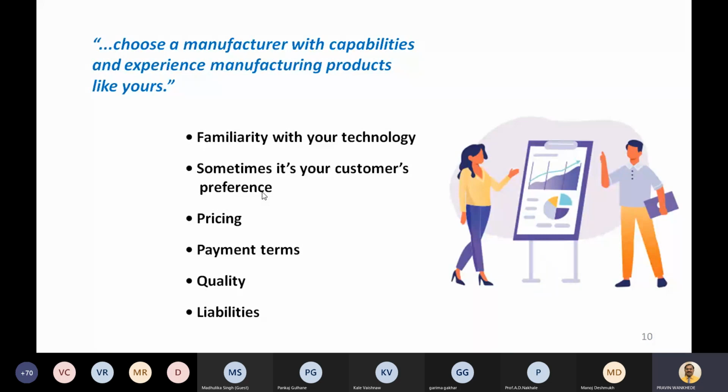And the final point is liabilities. What actually are liabilities? Liabilities are very important. We know that as soon as our product leaves the factory, whose liability will it be if something happens to a human body or some damage happens to a customer due to a product manufactured by us, but in which we have used components of some third party? Who is going to be liable for such damages?